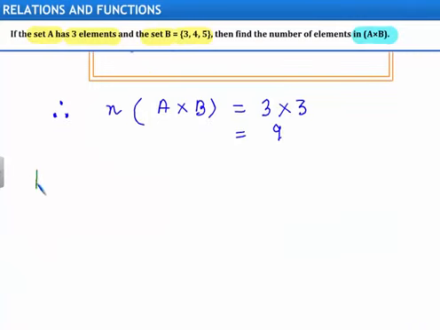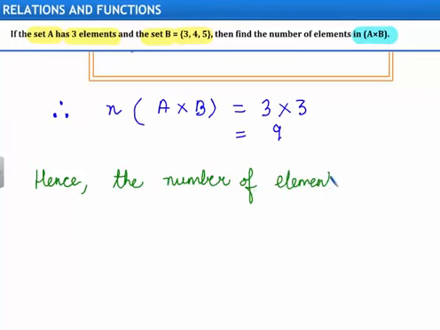Hence, the number of elements in A cross B is 9.